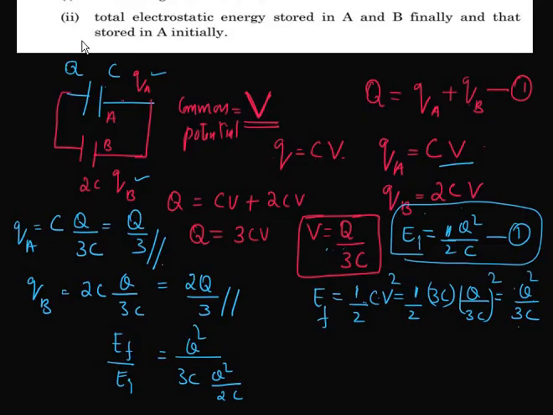Here I forgot to write this half, so the half is also there. The 2 will get cancelled, so you will get the ratio as 1 by 3. This is the ratio of final energy to initial energy. This is the answer for the second part.